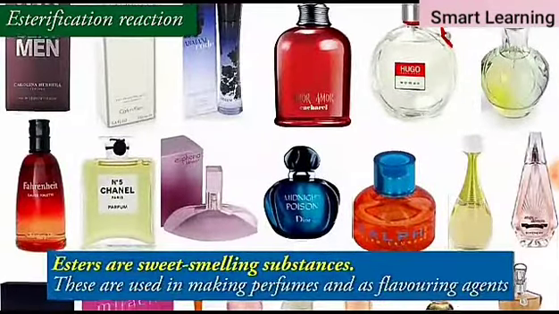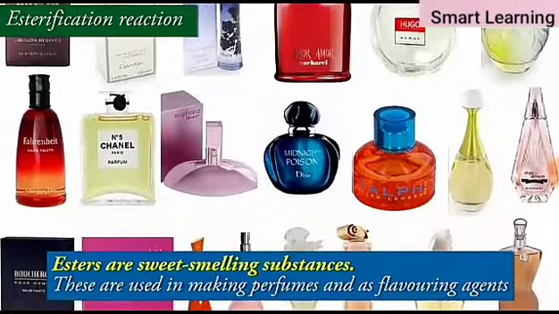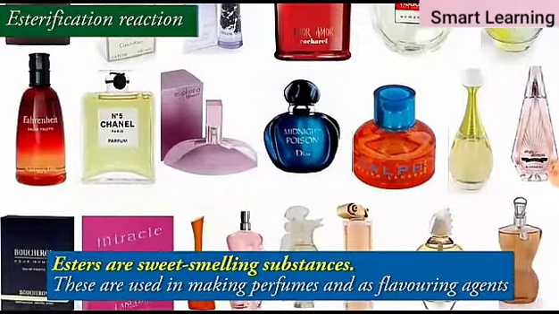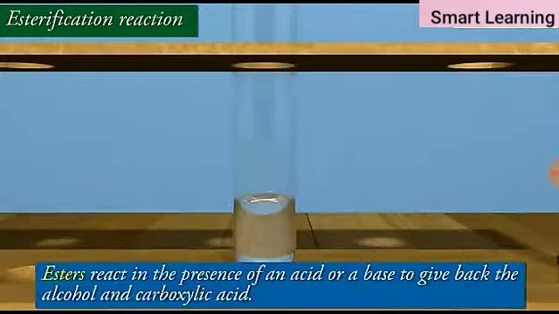Esters are sweet-smelling substances. These are used in making perfumes and as flavoring agents. Esters react in the presence of an acid or a base to give back the alcohol and carboxylic acid.